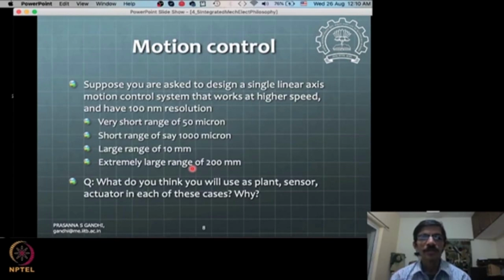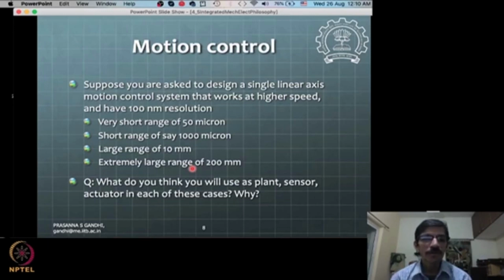Suppose you are asked to design this. Obviously, based on the CD-ROM drive, you can say that for this kind of thing I may go for compliant mechanisms, but are there any other ways of doing the same thing? Say I want it over a very short range.